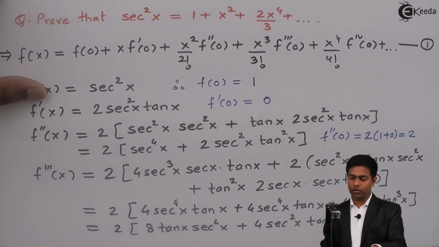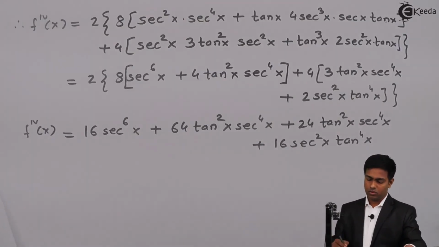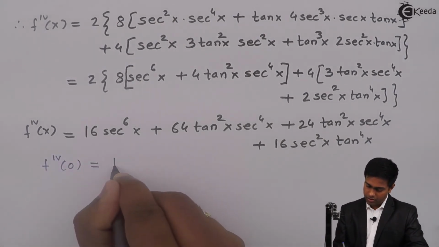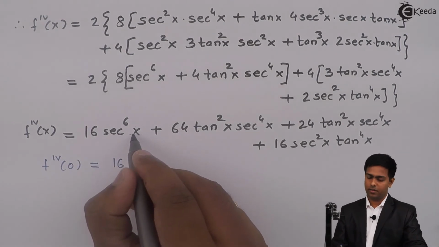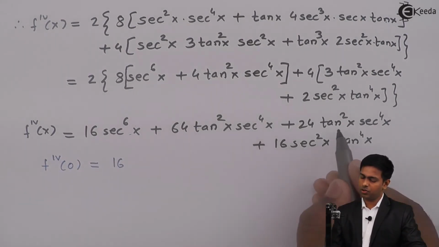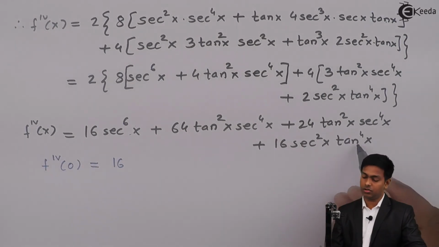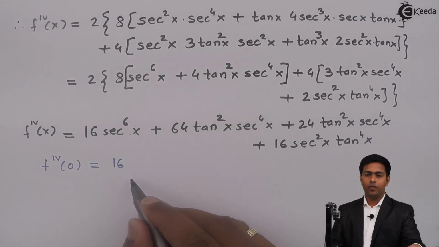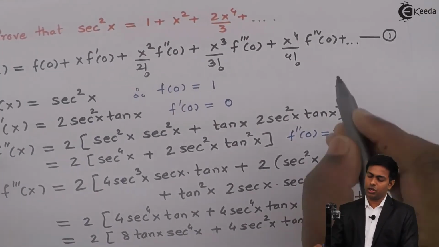Now let's find the fourth derivative. So here we'll get f fourth dash of 0 as 16, sec 0 is 1, so this is 16; tan 0 is 0, so this term is 0, tan 0 is 0, this term is 0, and tan 0 is 0, this term is 0, so it means the fourth derivative is 16. Now we'll substitute these 4 values in equation number 1.